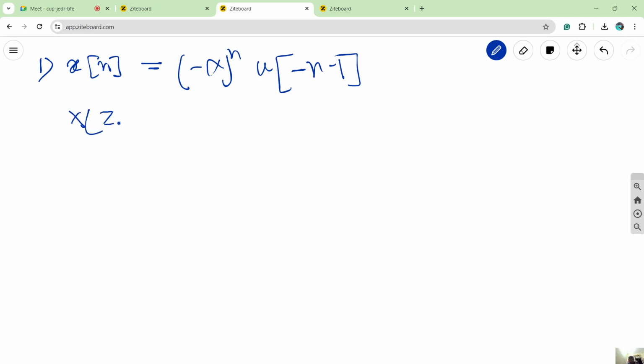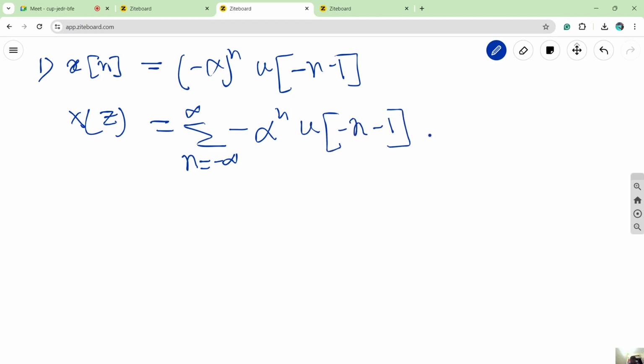So X of z is equal to the sum from n equal to minus infinity to infinity of minus alpha to the power n u of minus n minus 1 times z to the power minus n.